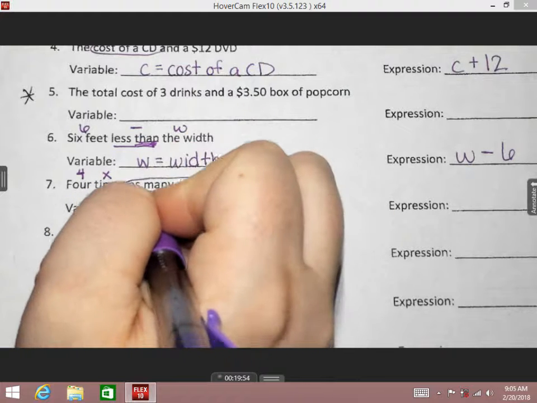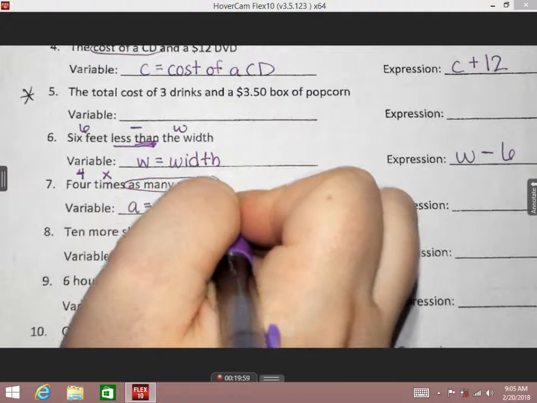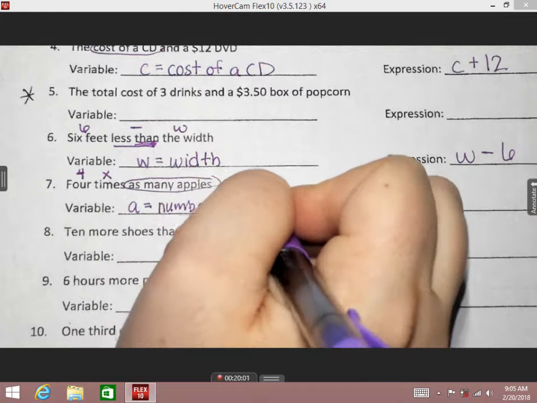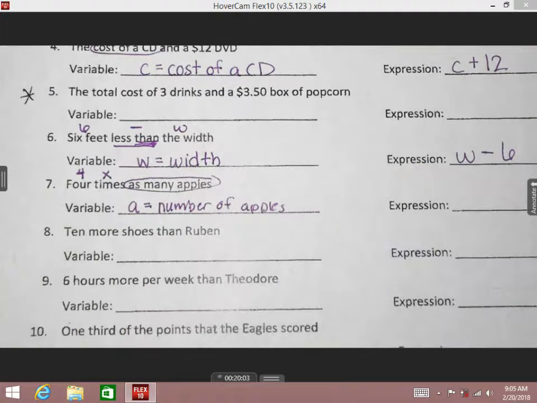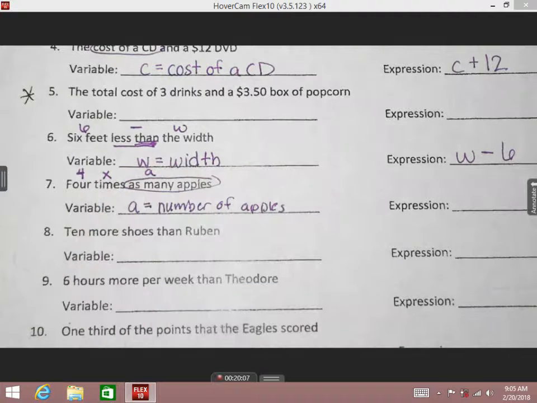Okay, so we can use A. A is the number of apples. Okay? So how am I going to write 4 times A without writing 4 times A? How would I need to write that? The shorter version. 4A. Remember, for multiplication, guys, you can just write them next to each other.